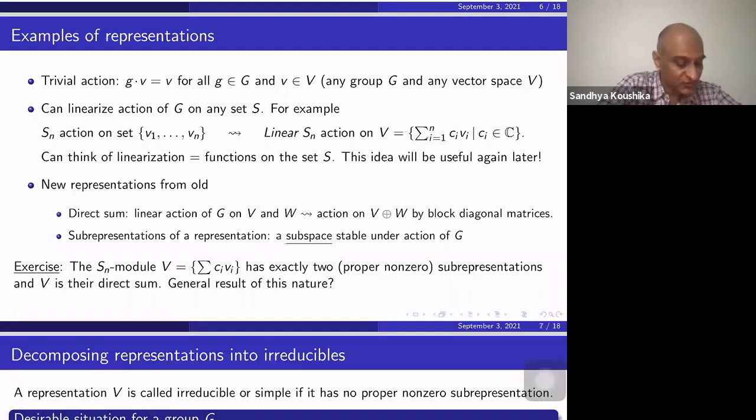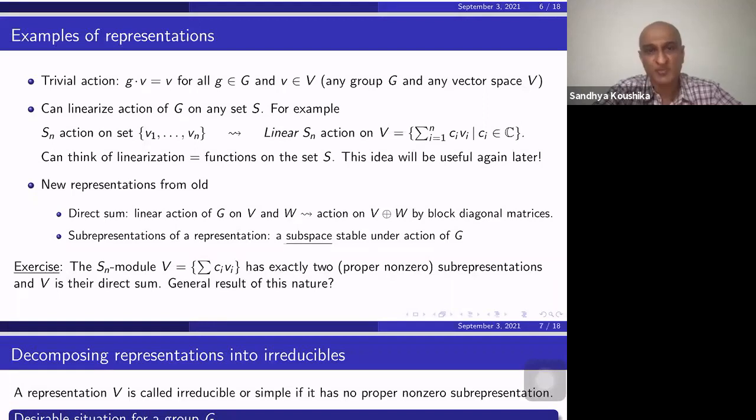Now, one thing I'd like to note, there is another way to think of this process of linearization. Instead of thinking of this as formal linear combinations, you can think of this sum of Ci Vi as a function that takes a basis vector Vi to Ci. This is pretty much the same, but notice one small thing: if the underlying set on which the group is acting is infinite, then the two notions, the vector space with that set as a basis and all functions, are different, because formal linear combinations are functions only with finite support.